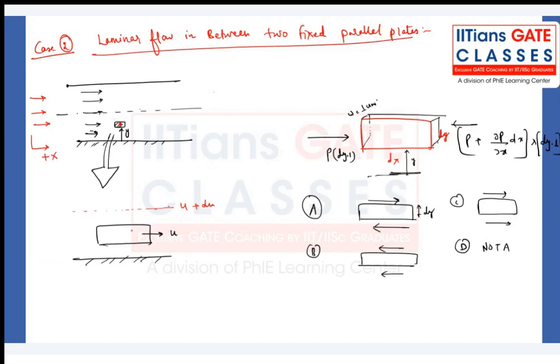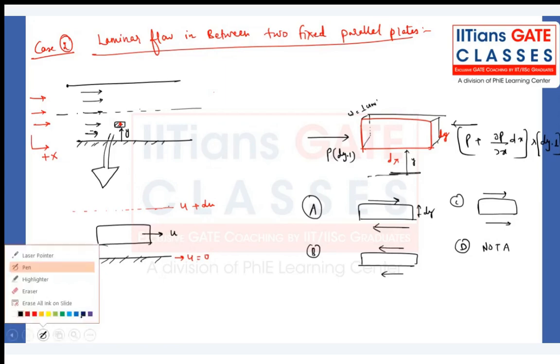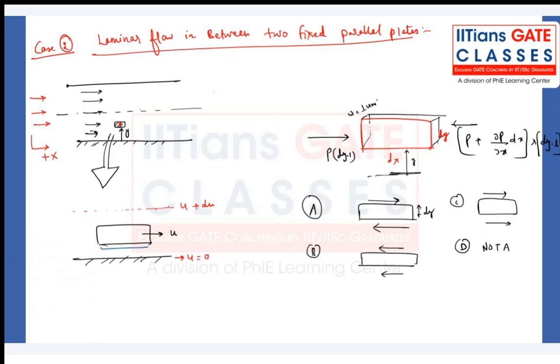This plate has zero velocity. Which has more velocity, u or zero? U. Then what will happen with the plate? The plate will offer some kind of force in which direction? In this direction, like this, to slow down that speed. What will happen between this fluid layer and the fluid layer moving with higher velocity?